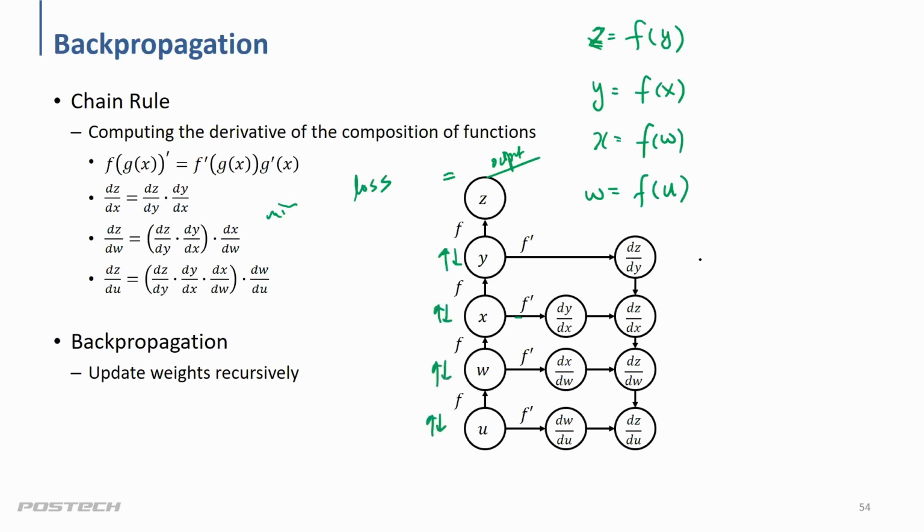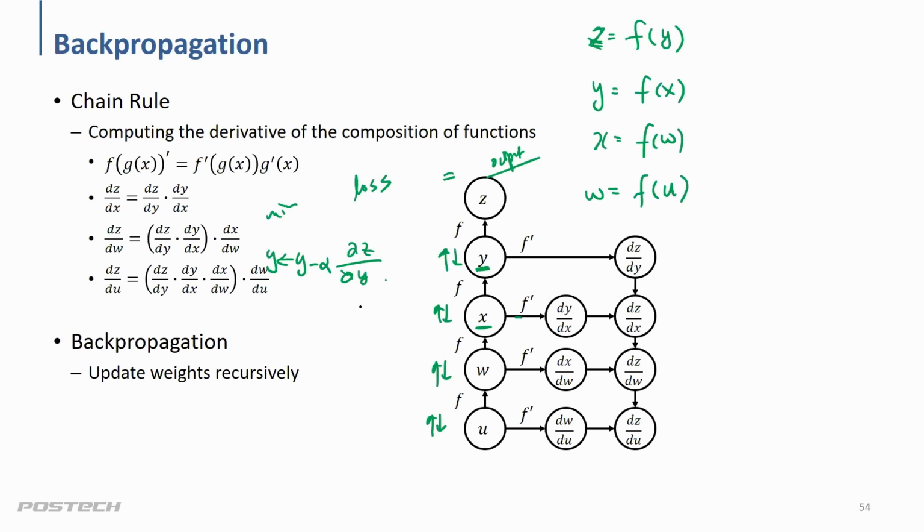To do that, I need to compute this. If this is positive, then in the next iteration I need to decrease. And what about x? Do I need to increase or decrease?